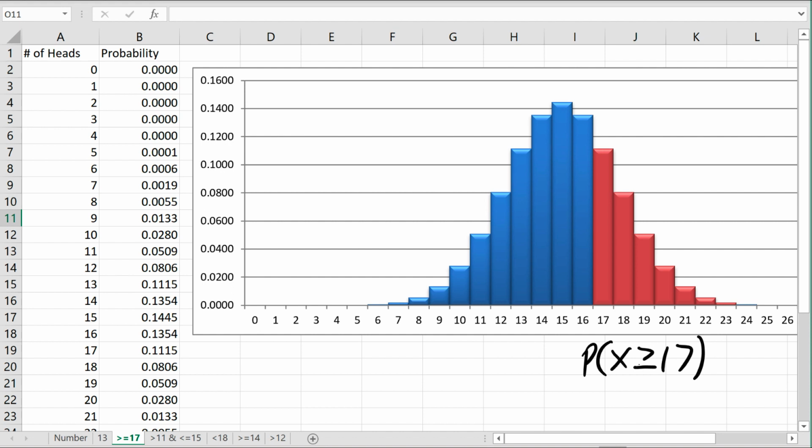You could first find the probability of exactly 17 successes, and then exactly 18 successes, and then 19, 20, 21, 22, 23, 24, 25, all the way up through 30. And then you could add all of those probabilities together, and that would give you the right answer. That would take a while. We don't want to do that. So instead, we're going to use a different function.